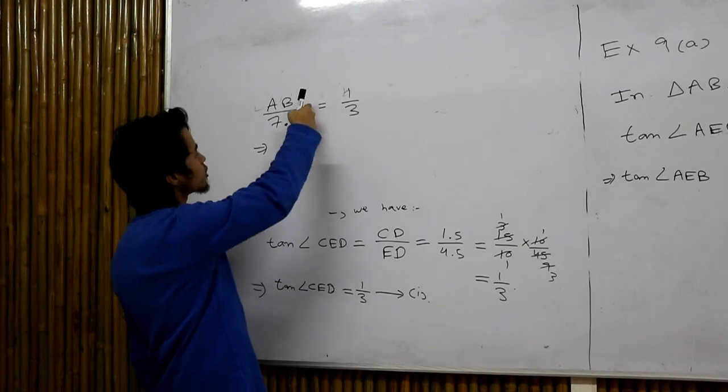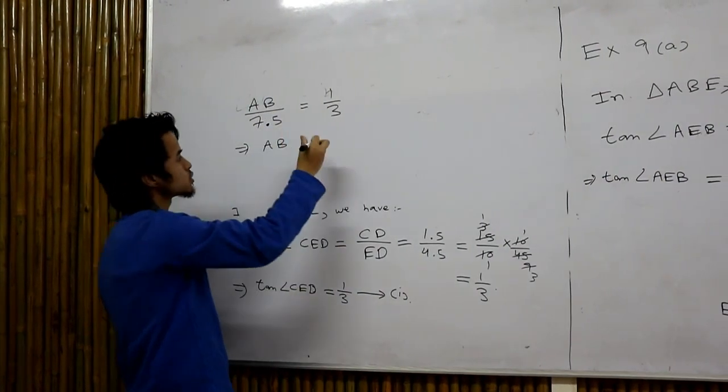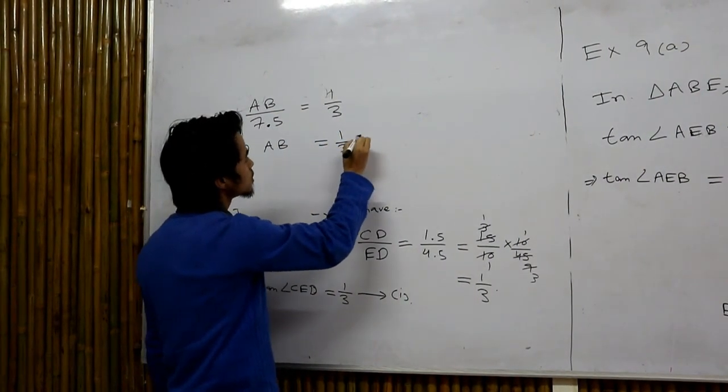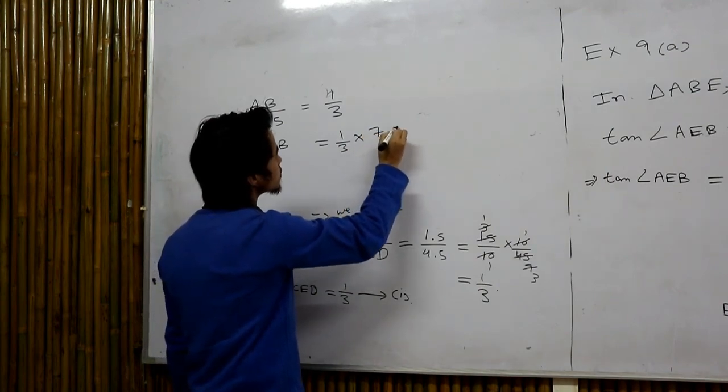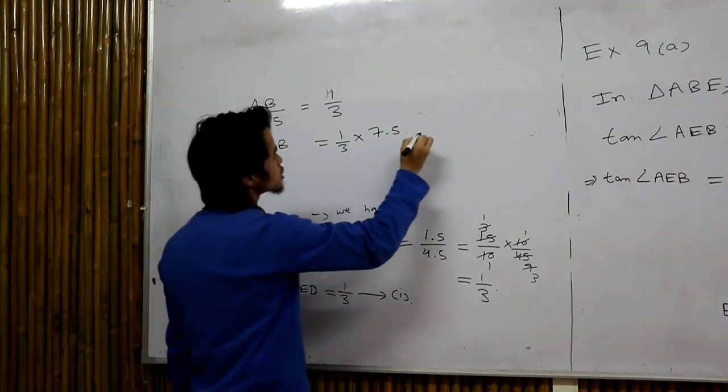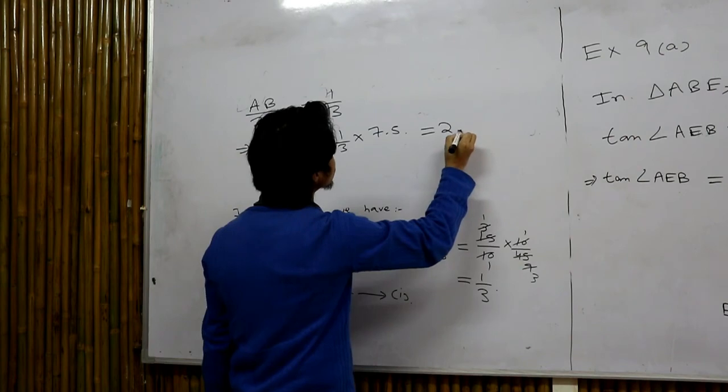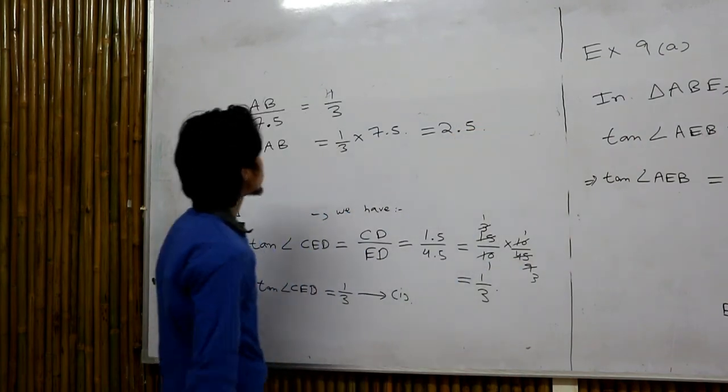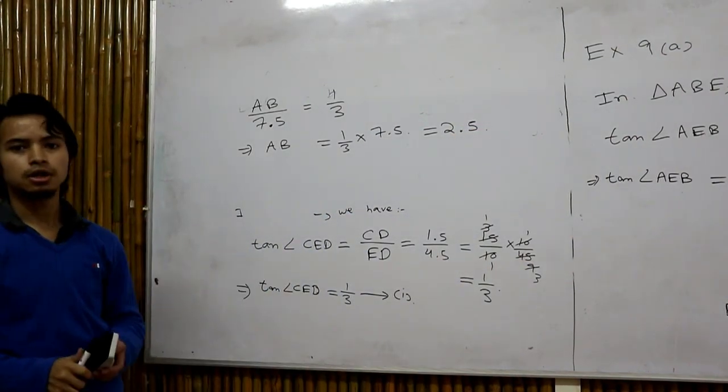So 7.5 and 7.5 will get cancelled, and so we'll have 1 by 3 into 7.5. So that means we'll have 2.5, which is the required height of the lamppost.